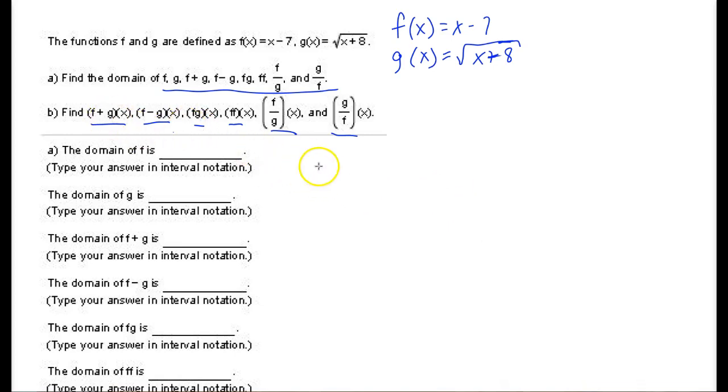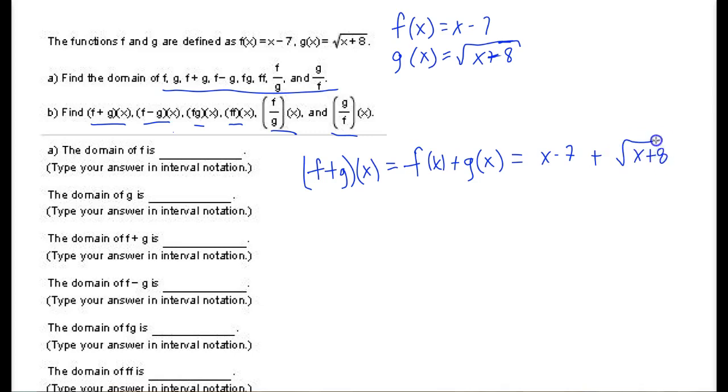So start off here. We'll start off with the sum. So here we know this just means add f of x and g of x together. And literally this will just mean x minus 7 plus square root of x plus 8.